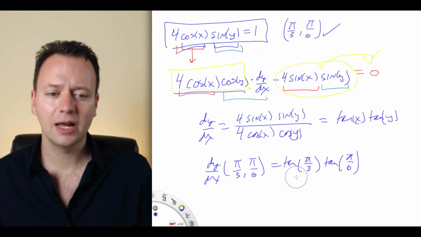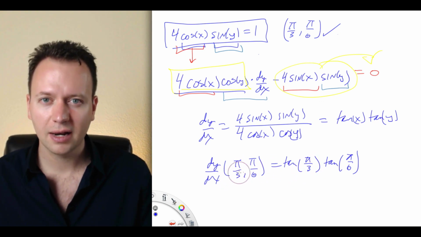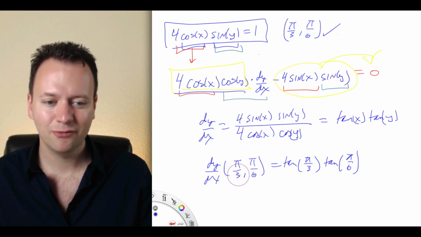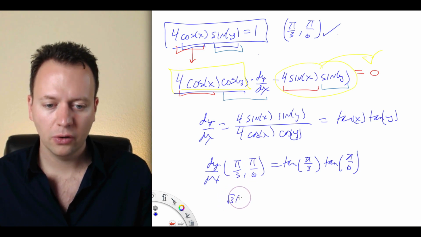Now tangent is sine over cosine. So if we recall the values of sine and cosine of these, sine of pi over 3 is going to be root 3 over 2 divided by cosine of pi over 3, 1 over 2.